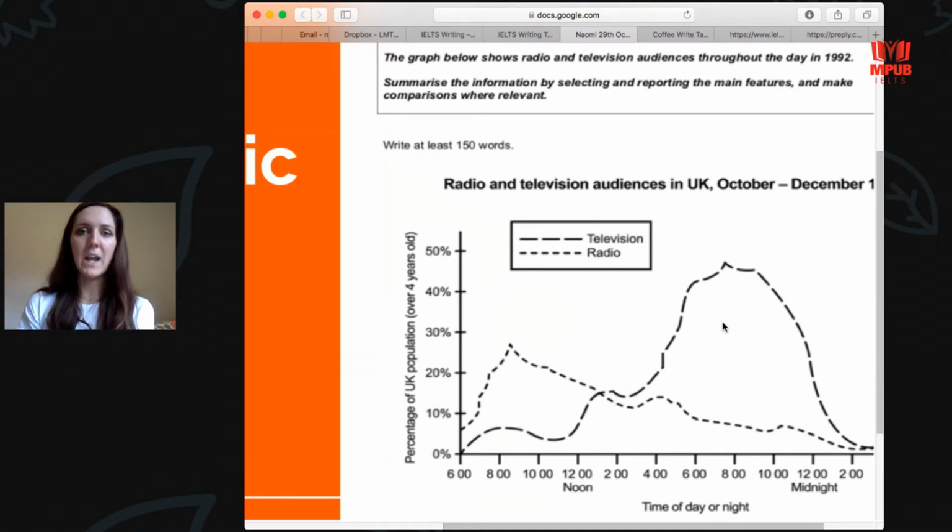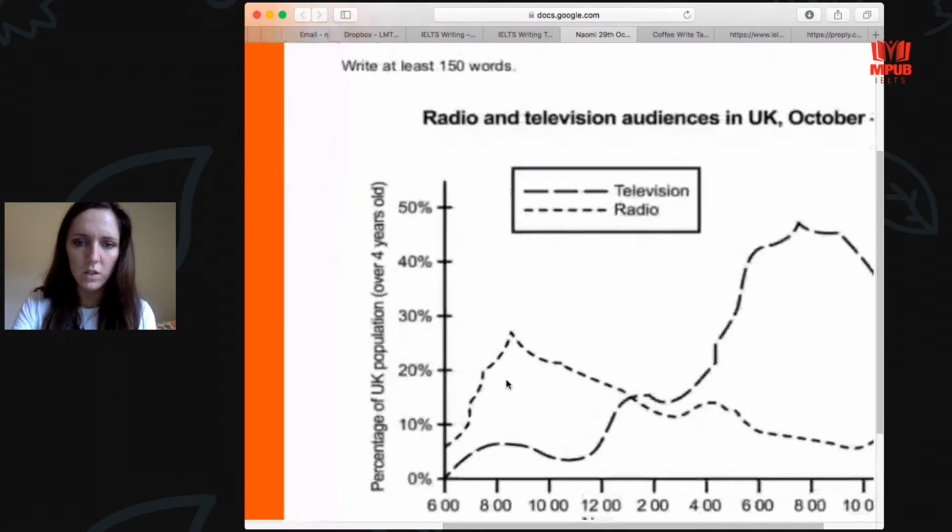Then what's happening in radio? Radio's the shorter line, right? Well, in radio, is it the same or different? I'm probably going to be comparing, so it's quite different, right? When is the peak time in radio? In radio, let's look closer.